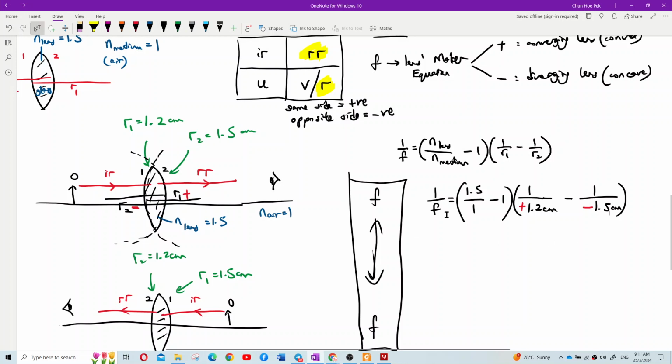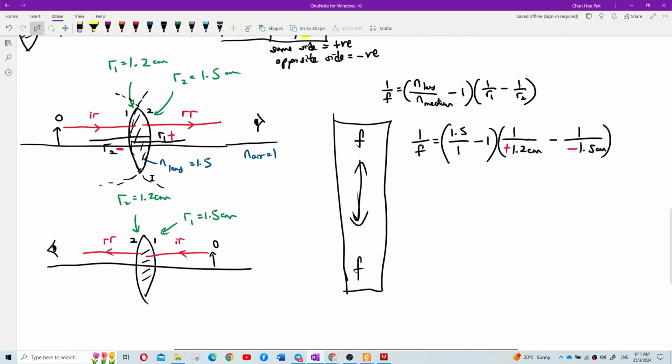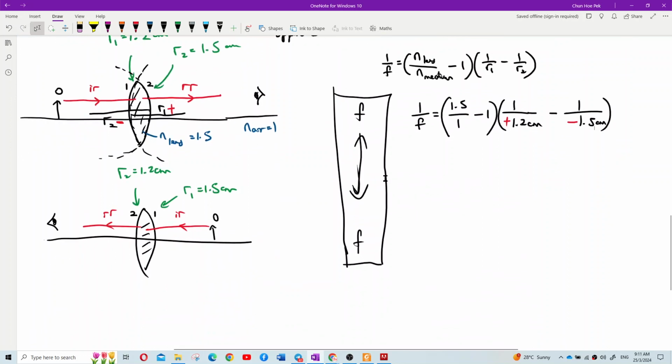That is the method to find the focal length for the first lens. Now all the values are already here, but I'm not going to find the value of f. I just want you to compare with lens 2, and you can see directly, class.